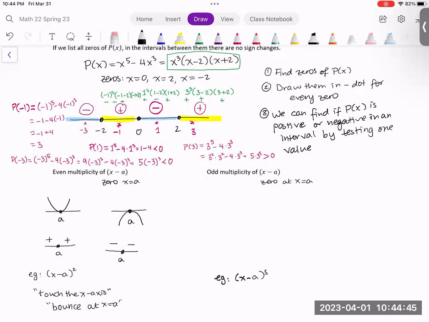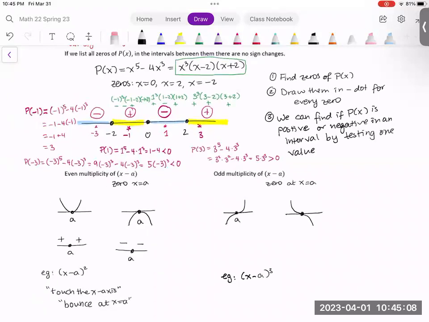Odd powers remember the signs of their inputs. And so there are two pictures that we might see. Things might look like this, where we're positive on one side and negative on the other at a, or the reverse. We might be positive to the left and negative to the right at a.